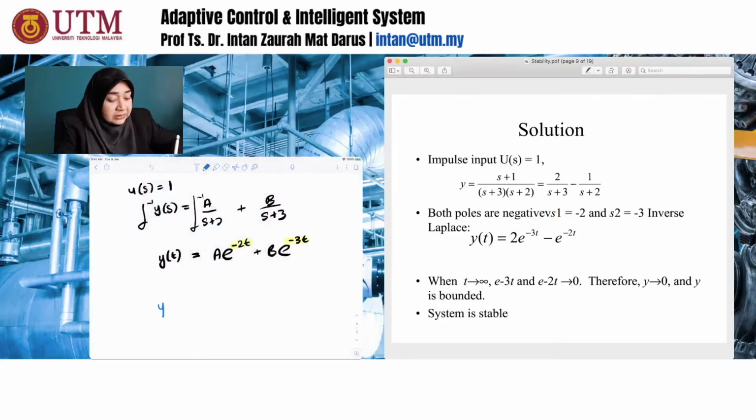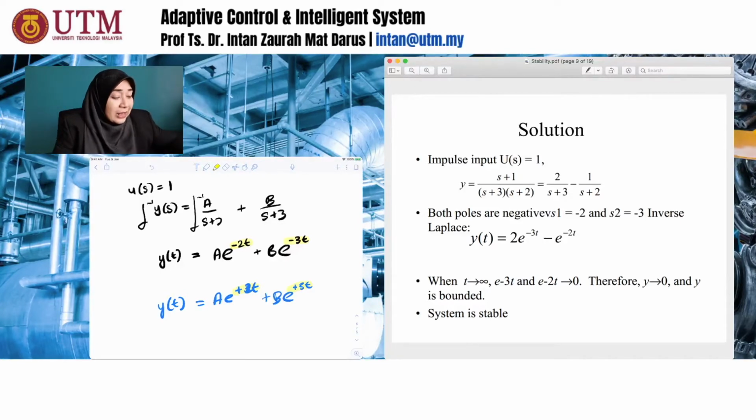What if the system is y(t) equals A exponential of positive 2t plus B exponential of positive 3t? Then definitely, even with a value of 1 here, if I plot it, it's going to give me a big value, a positive exponential value. It means the system will become unstable.